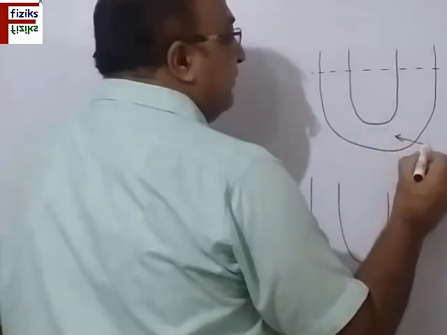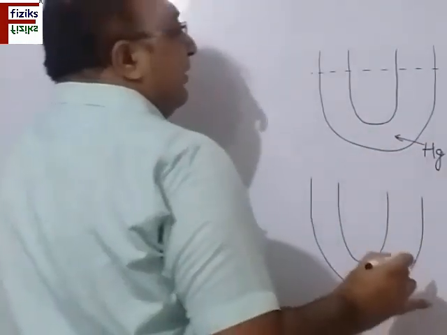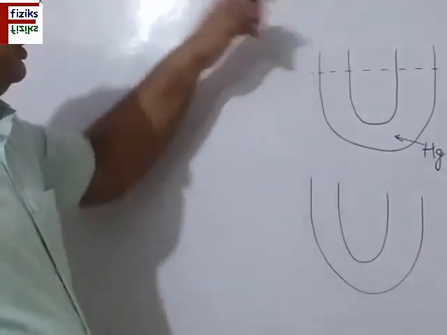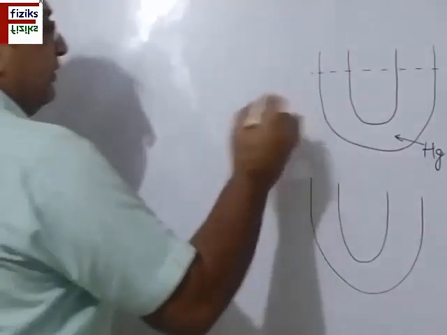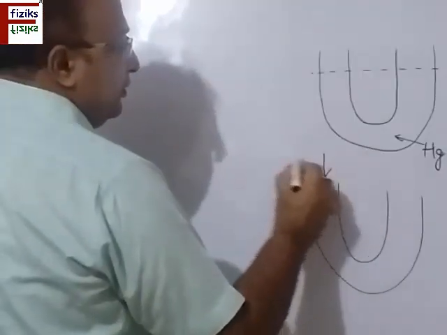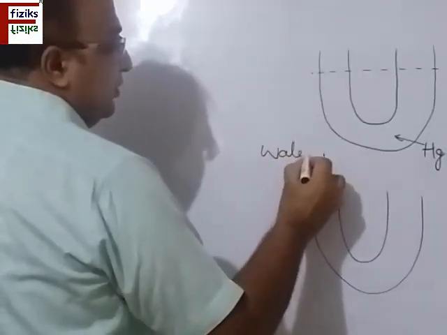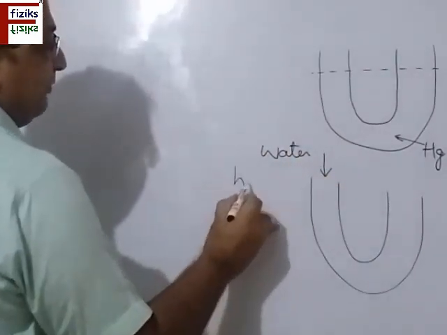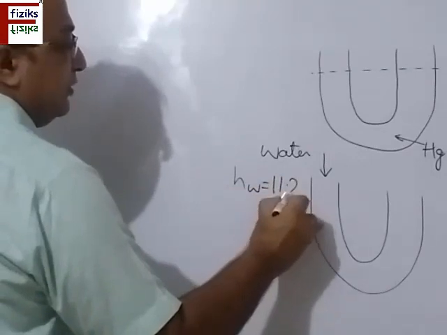So this is mercury filled in the tube. And what we do here is we put some water in the left limb. 11.2 centimeter of water is poured. That is, the height of water column is 11.2 centimeter in the left limb.